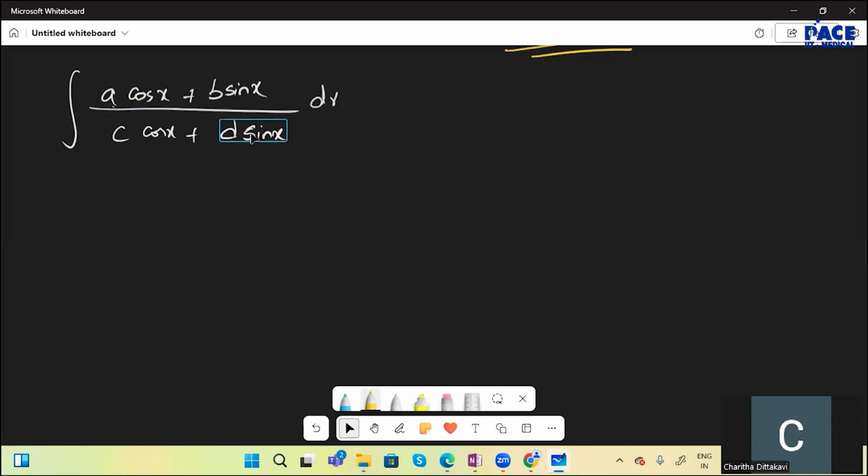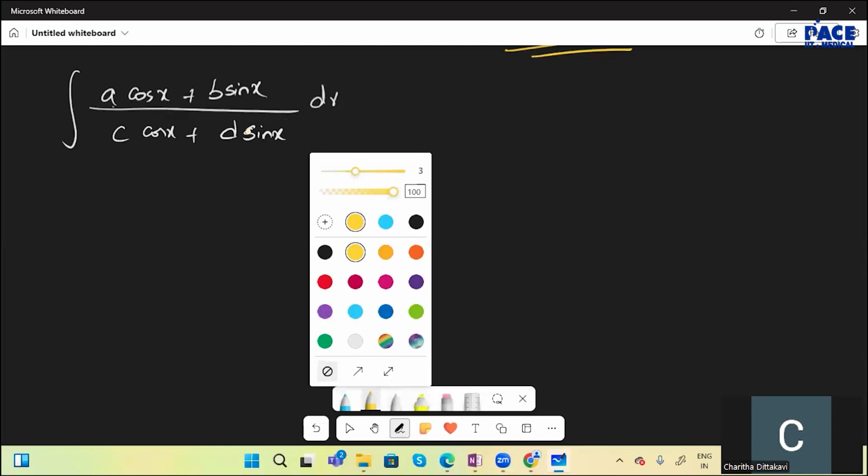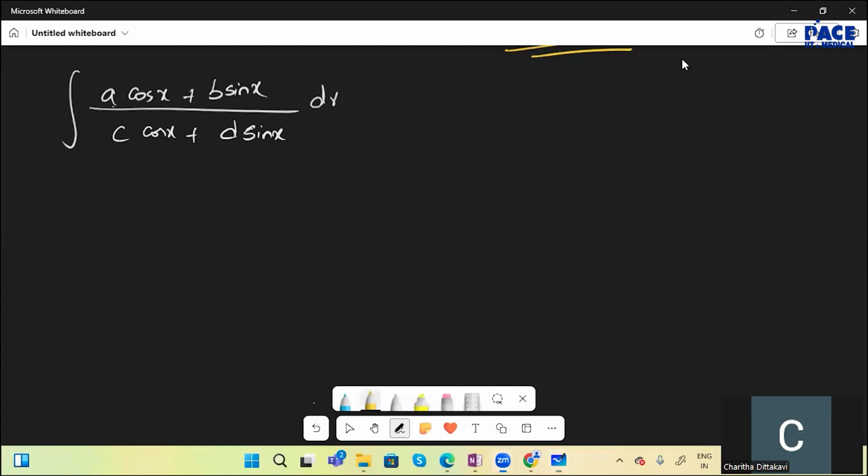After arranging this, observe how I am writing the answer. Observe clearly, A and C, AC with B and D. It is a direct one, AC with BD first.